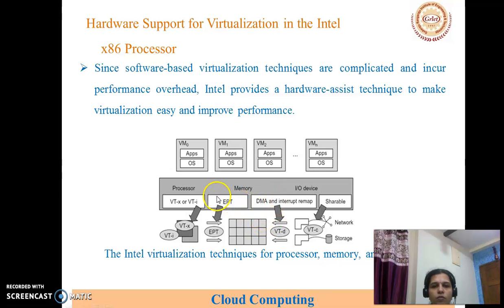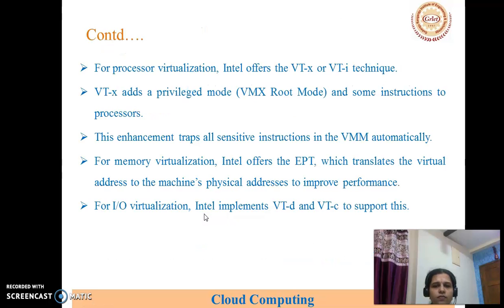Here the processor is the hardware part, and on top of that we have the different virtual machines. Here we have components like VT-x, EPT table, and DMA and interrupt remapping, and how network and storage will be shared between the virtual machines and the host machine. Let us see what VT-x is in the next part.